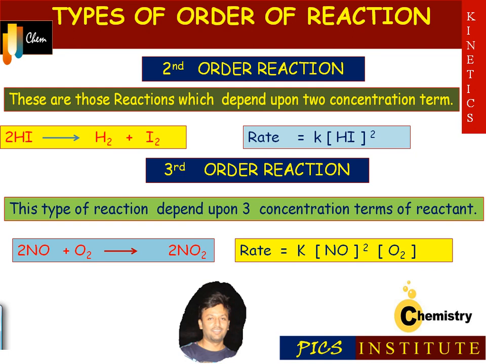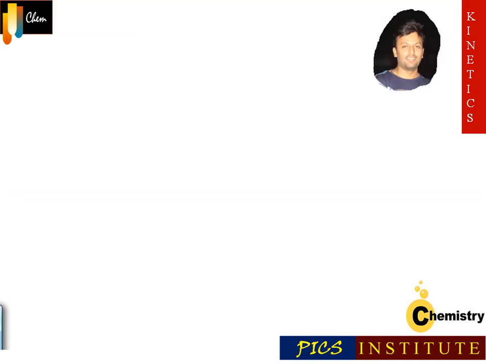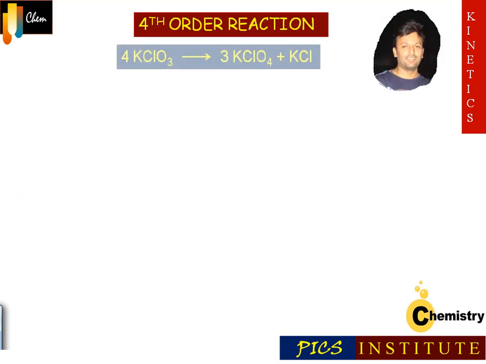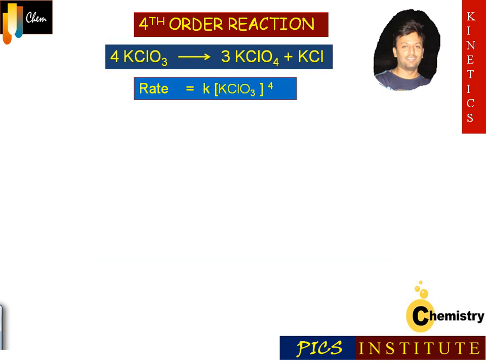Second order and third order reactions are least important from examination point of view. Otherwise, from experimental point of view, they are the most common reactions. Fourth order reaction is the reaction which depends upon four concentration terms.